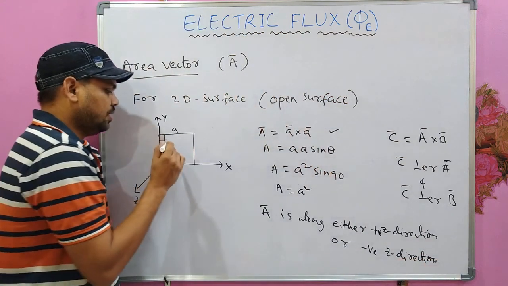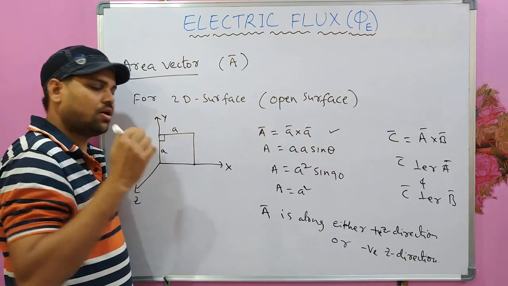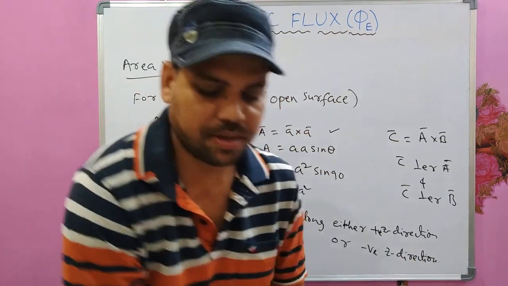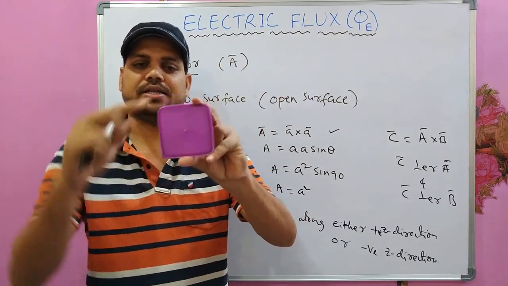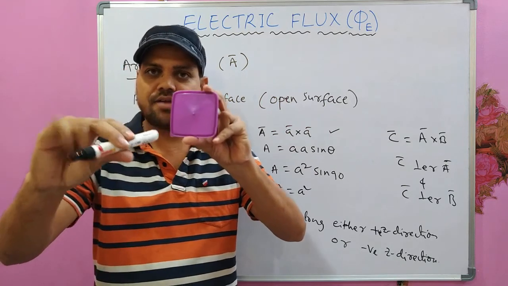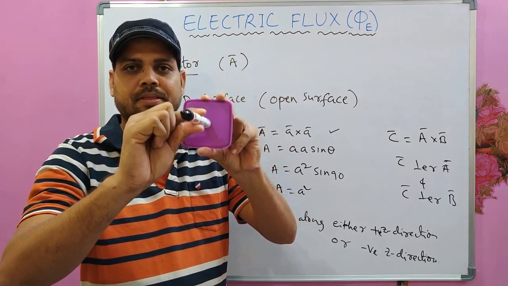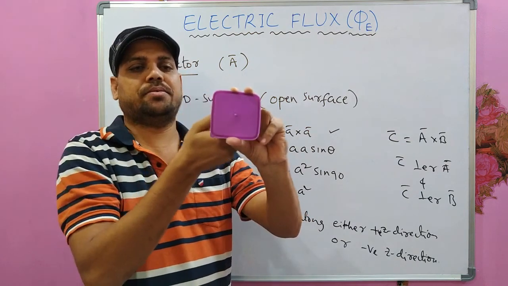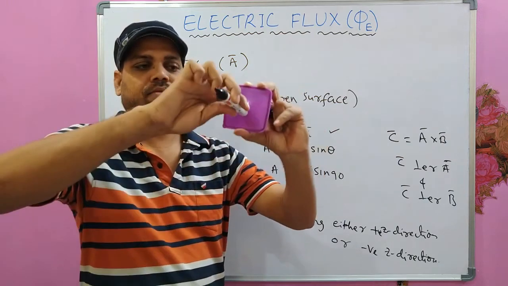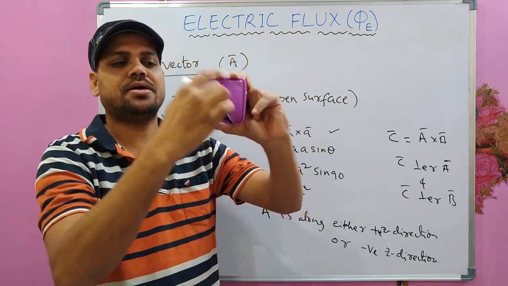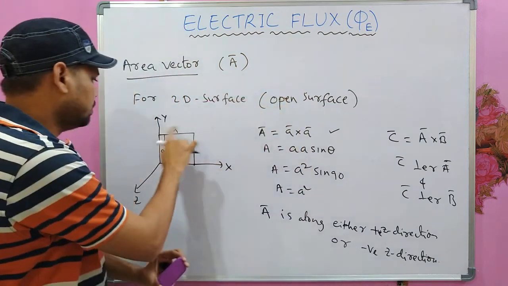That means this can be this side, positive z direction, or that side. For example, imagine this is a square. This is A, this is A. And the area vector of this square would be either this way or this way, back. Normal to the plane of this object, this xy plane.